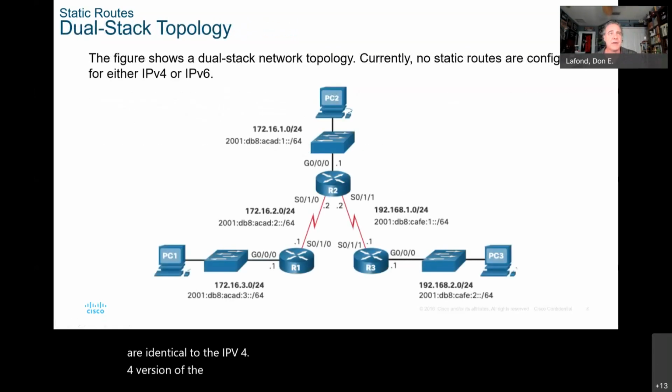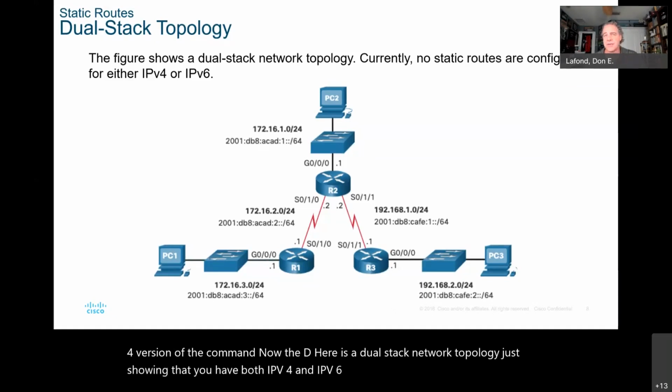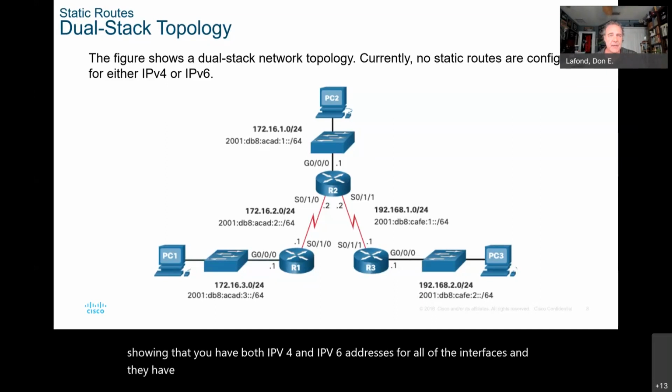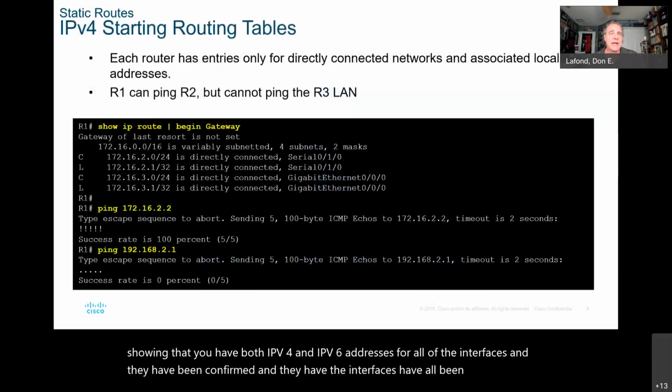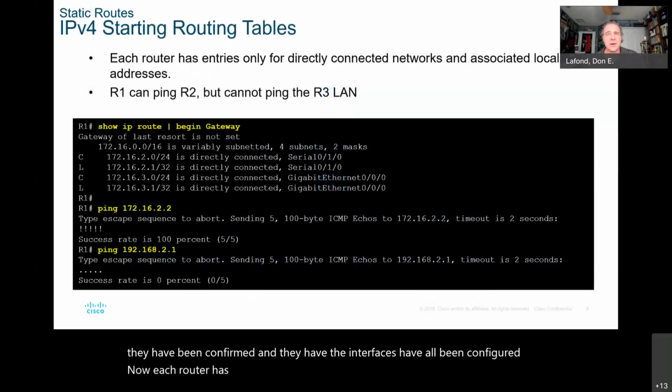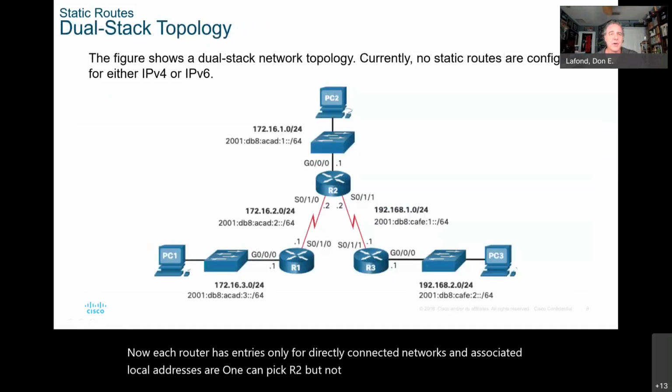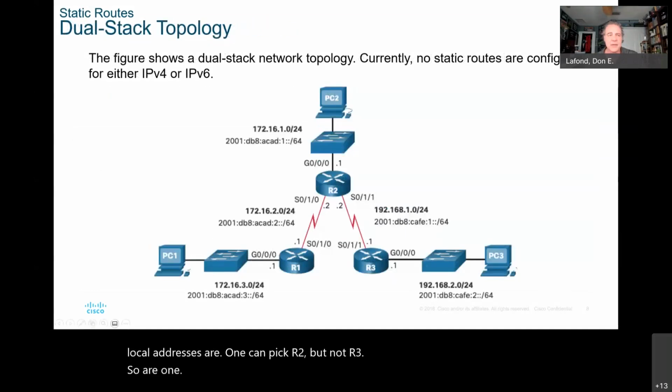Now, here is a dual stack network topology, just showing that you have both IPv4 and IPv6 addresses for all of the interfaces, and the interfaces have all been configured. Now, each router has entries only for directly connected networks and associated local addresses. R1 can ping R2, but not R3. Let me turn on my laser pointer so you can see it a little bit better.